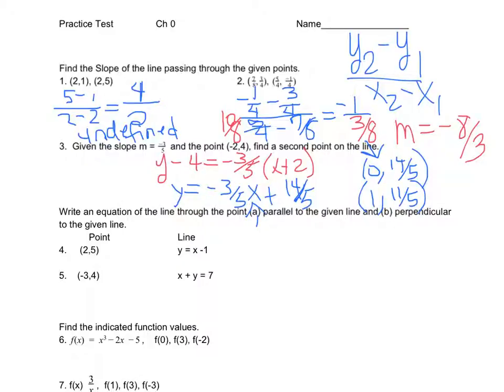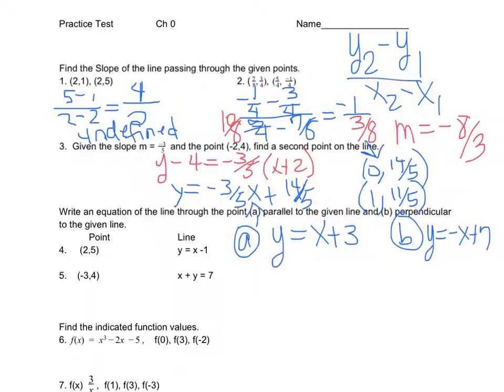Okay, number 4, if you want the parallel line, you write the same slope, use point slope form, and you get y equals x plus 3. If you want the perpendicular line, you use the negative reciprocal, and you get y equals negative x plus 7. For 5, you do the same process.